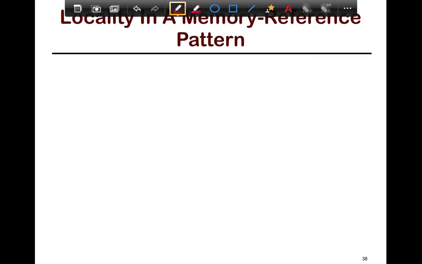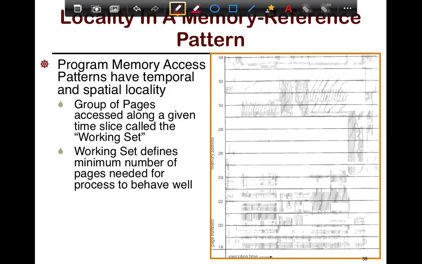For this, we have to understand locality. Locality in the memory reference pattern is essentially the fact that programs exhibit a certain well-behavedness as they're running. This is known as temporal and spatial locality.